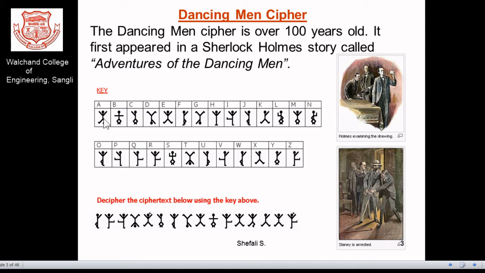If A is represented with one symbol, we need a different symbol for B, and again different for C. That means you have 26 different symbols for the representation, and there is a one-to-one mapping. So if a character appears with a particular symbol, you can definitely decode that the letter must be A. In that way there is the substitution idea.